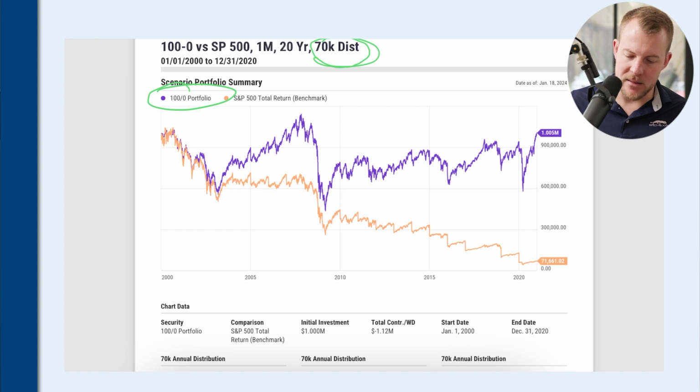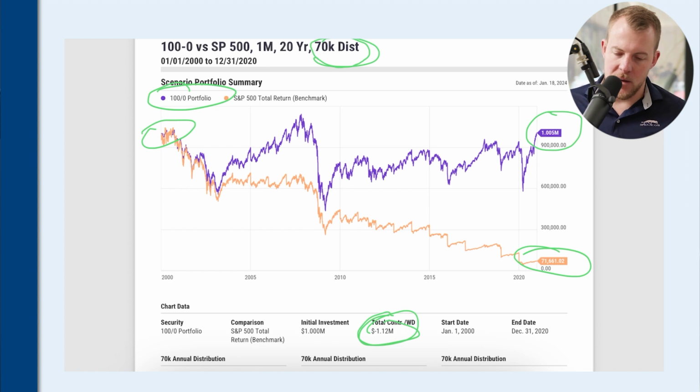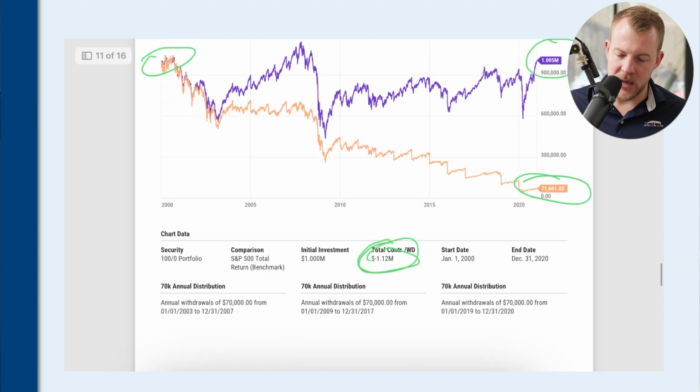So what happens is the $1 million you start with in the 100-0 portfolio, you still have $1 million at the end, even though you took out a total of 1.1 million. The S&P 500, you start with $1 million, take out the same amount of money, and you're almost broke at the end. So having the optionality of what to take out, when to take it is huge.